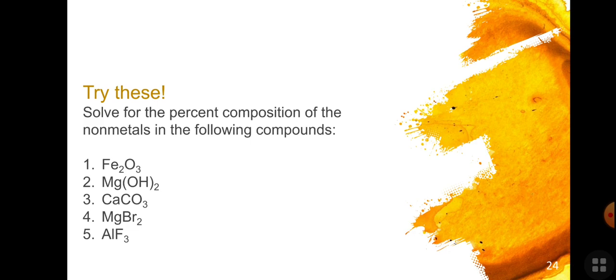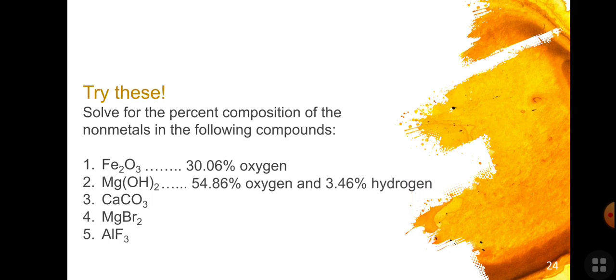Okay, so the answer for number 1, iron(III) oxide, is 30.06% oxygen. For magnesium hydroxide, that's 54.86% oxygen and 3.46% hydrogen.